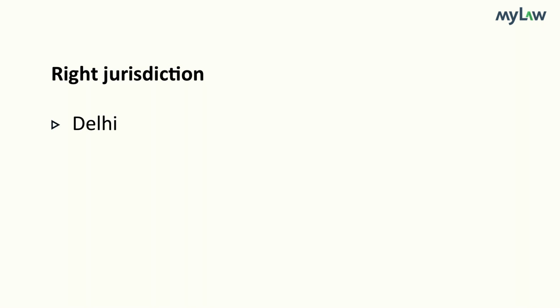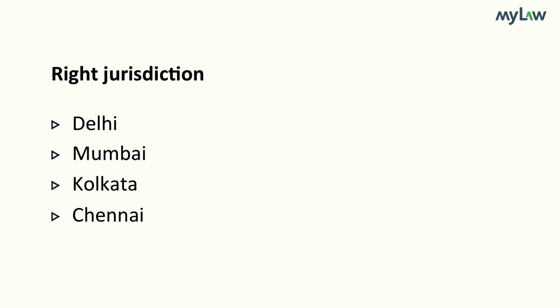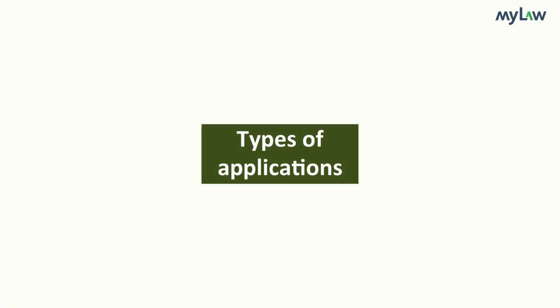This is so because there are 4 patent offices in India, namely Delhi, Mumbai, Calcutta and Chennai. Please note, the details of the address of the different patent offices in India have been provided in the supplementary material to this unit.